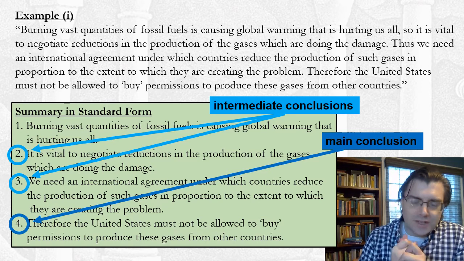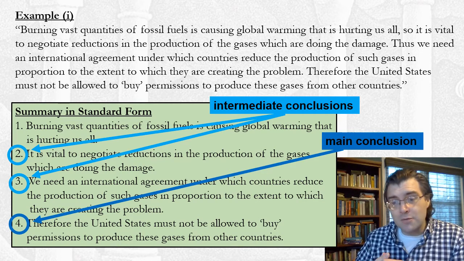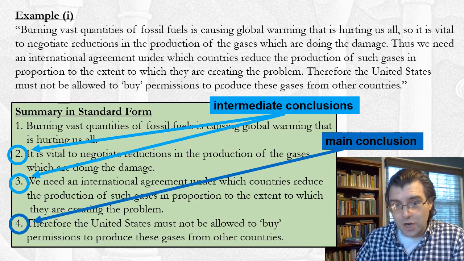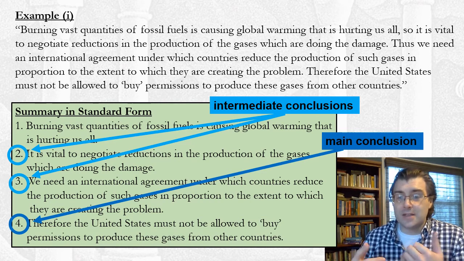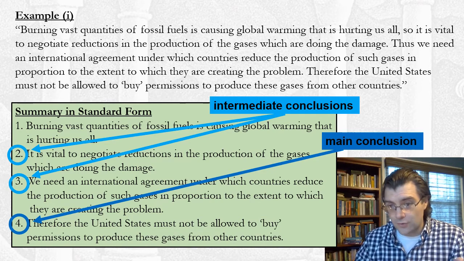But notice that there's an interesting relation between the premises that show up above that conclusion, namely that some of these premises are serving as support for others. So premise 2, it's vital to negotiate reductions in the production of the gases which are doing the damage, is supposed to be, it seems, a conclusion that's drawn from the first premise, and that's indicated in the original passage with the word so in the first sentence.